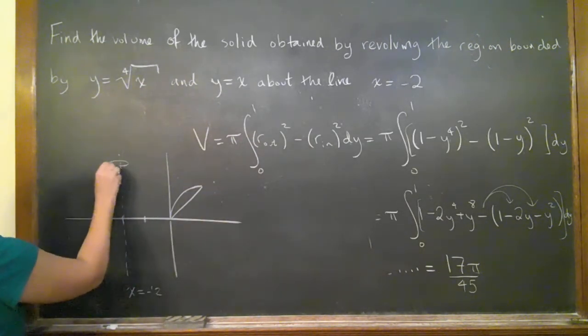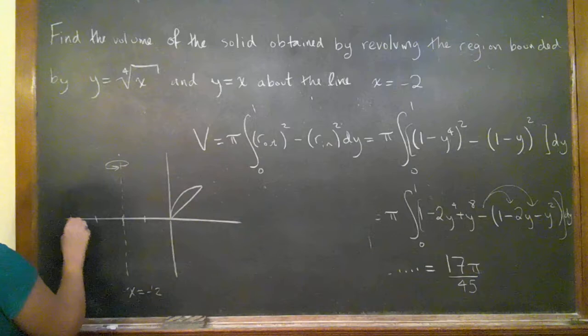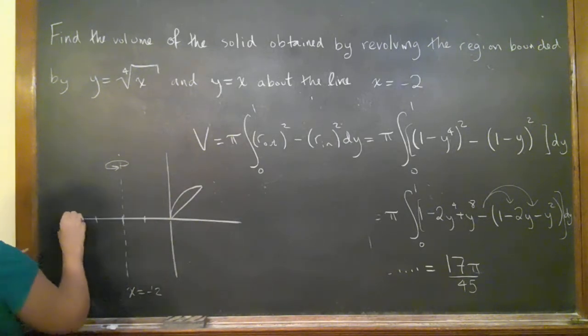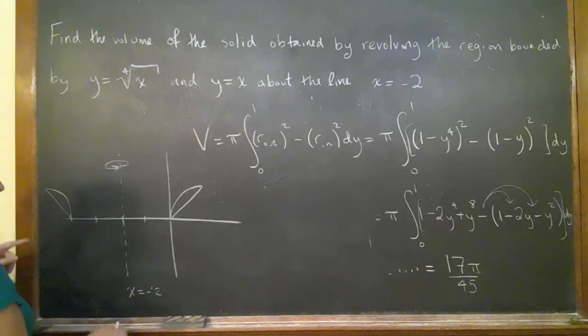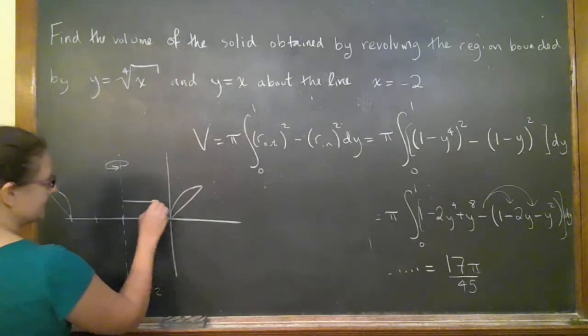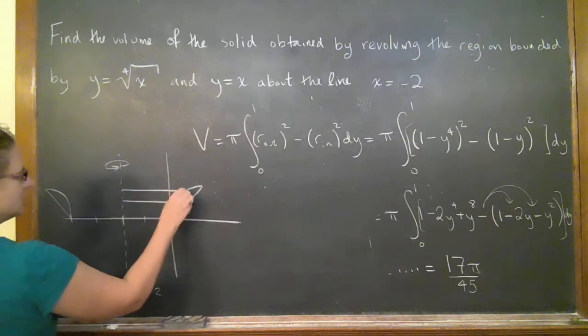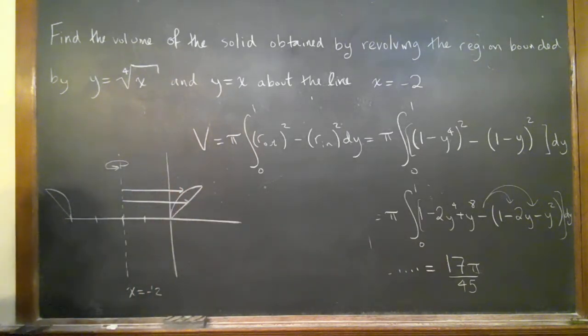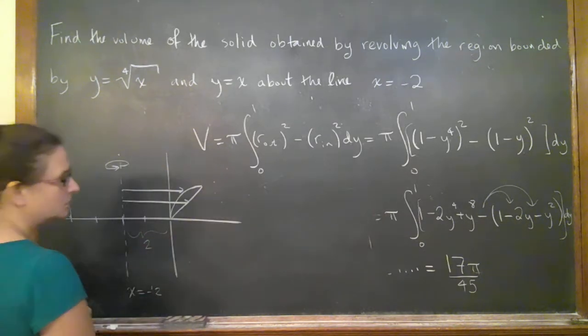So I'm going around this way, and now my thing is very big, right? It's going to look like this. So my outer radius is going to be to that, and my inner radius is going to be to this. And this distance, of course, is 2.